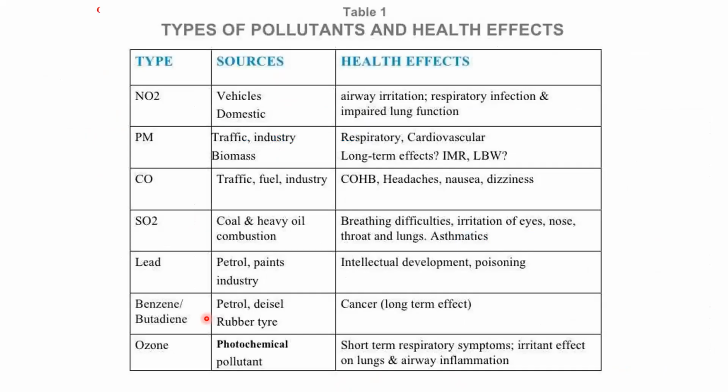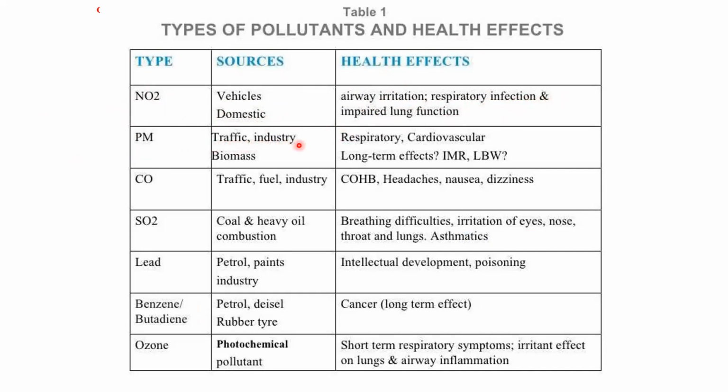Before that, we'll see in brief the types of pollutants and health effects, just a revision in tabular form. NOx or NO2 components: vehicles, domestic and thermal power plants as sources; health effects are airway irritation, respiratory infection, and impaired lung function.